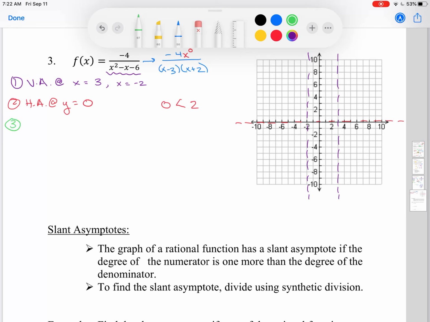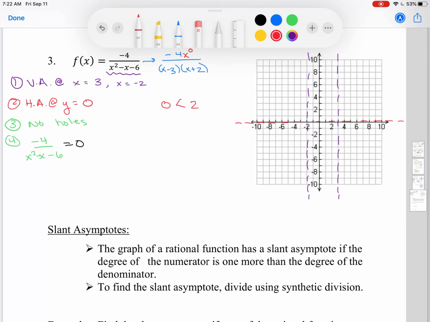Okay. So I have step 3, I check for holes, nothing's going to match, so there are no holes. Step 4, I check for x-intercepts. Remember when we do that, we're going to say -4 divided by x squared minus x minus 6.